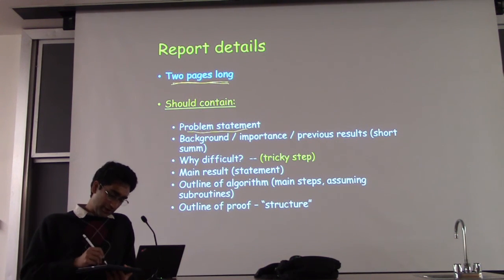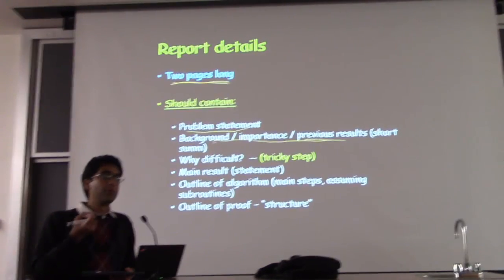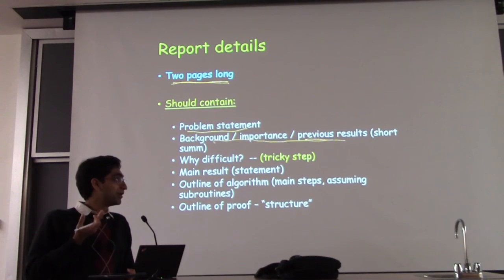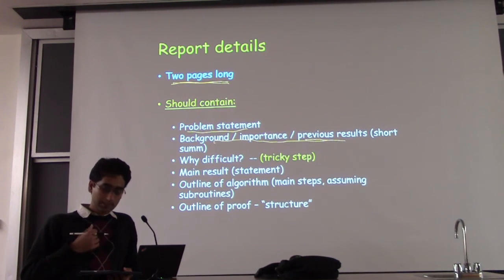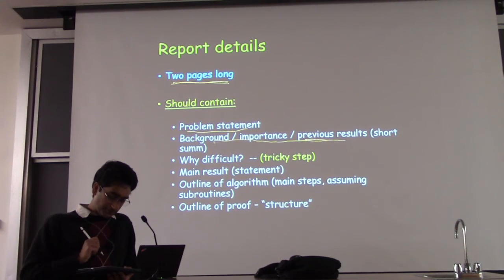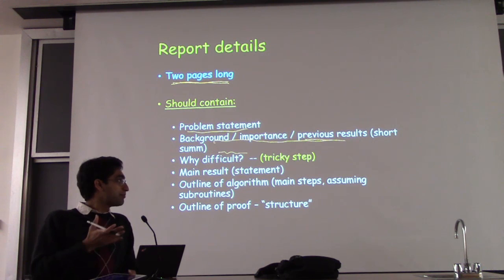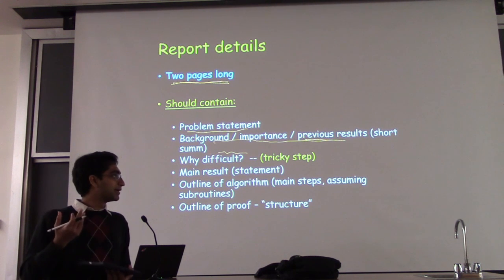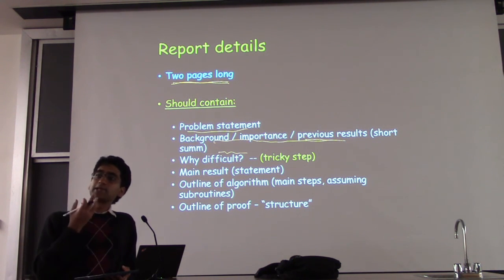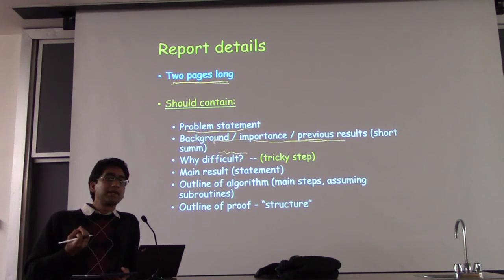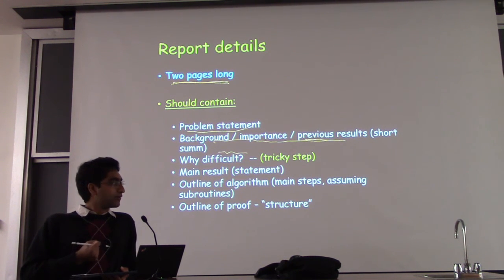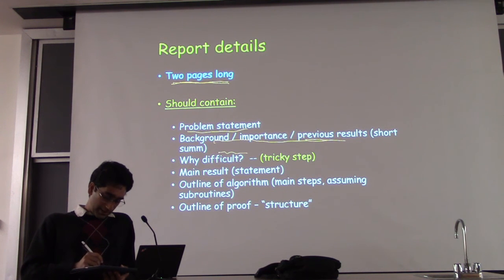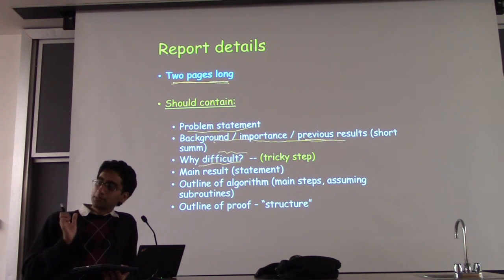You've got to figure out why this problem is important, with some motivation or background on what people have done about it. This is the second thing. And the third thing: there are some papers that don't do anything very difficult, but most of the papers I've listed solve problems that are intrinsically difficult. So I want you to identify a little bit as to why the problem is difficult.